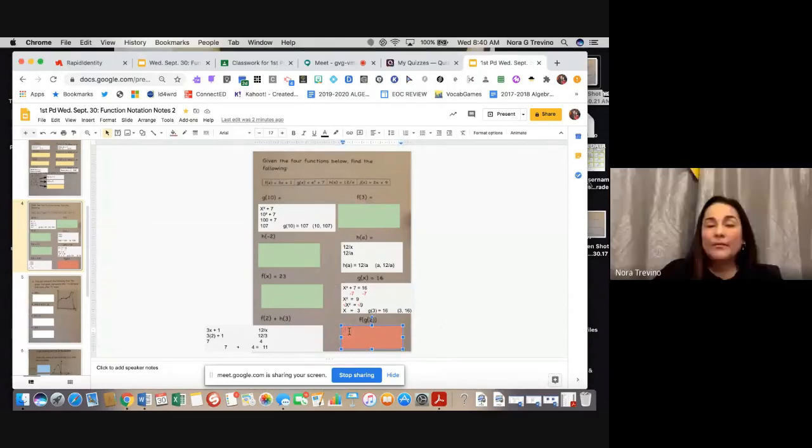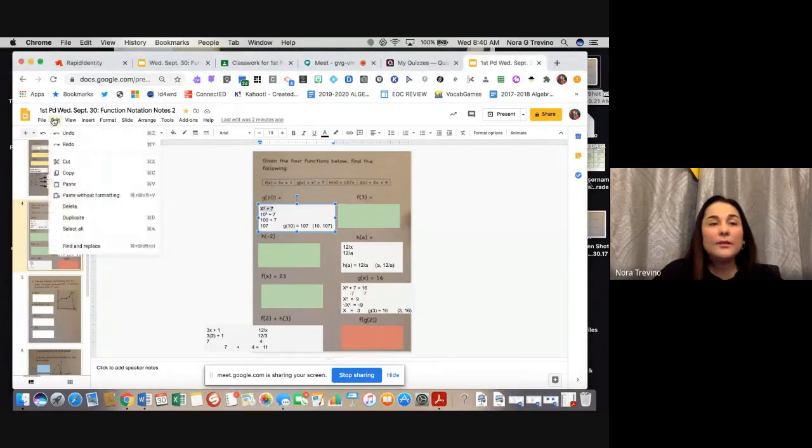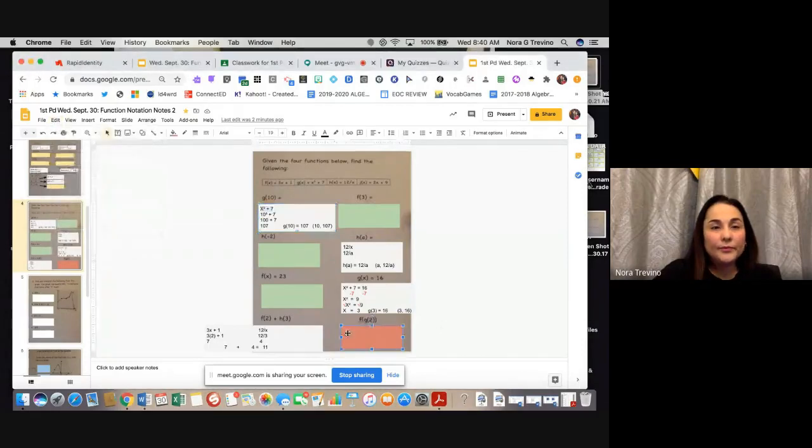Yes. Okay. So I'm going to copy the g of 2. It was this one. So I'm going to copy it here. And I'm going to plug in a 2. So 2, and then I need a little square.